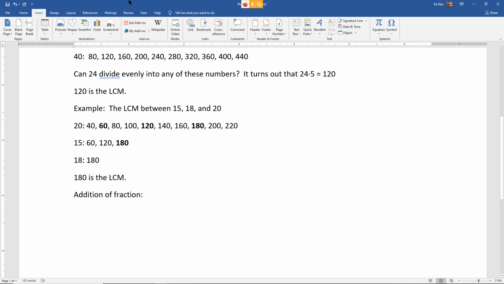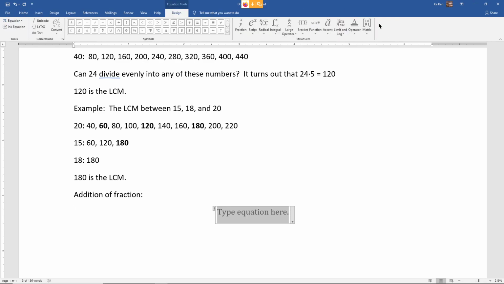So let me do an easy one first. So let's say we have, for example, let's just do something easy. 2 over 5 plus, let's just say 1 over 5, right? Easy one. It's exactly what you think it's going to be. You have 2 out of 5 pieces plus 1 out of 5 pieces.